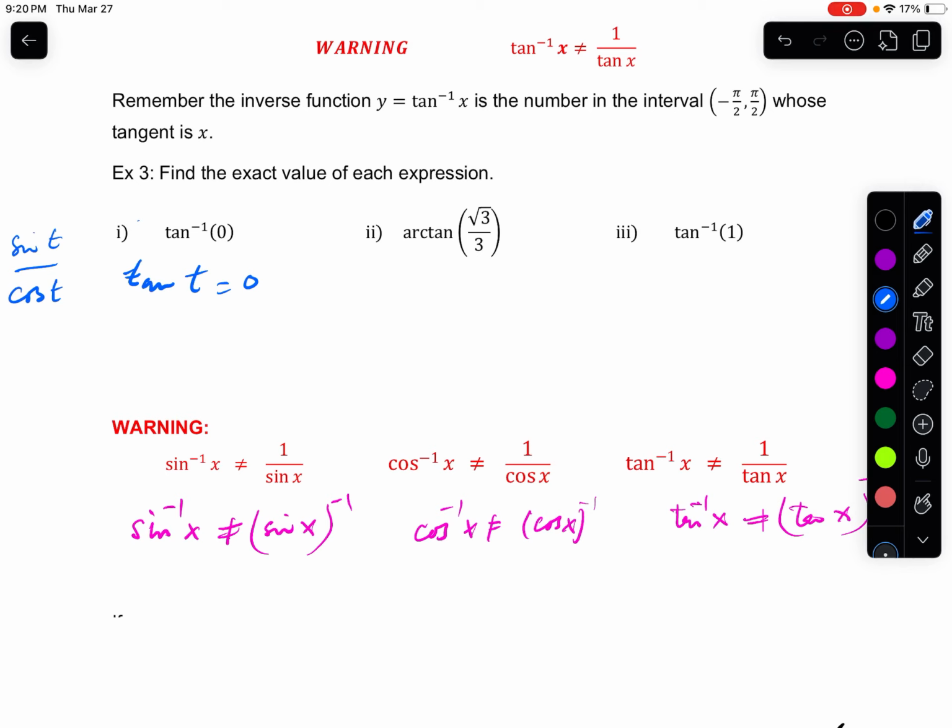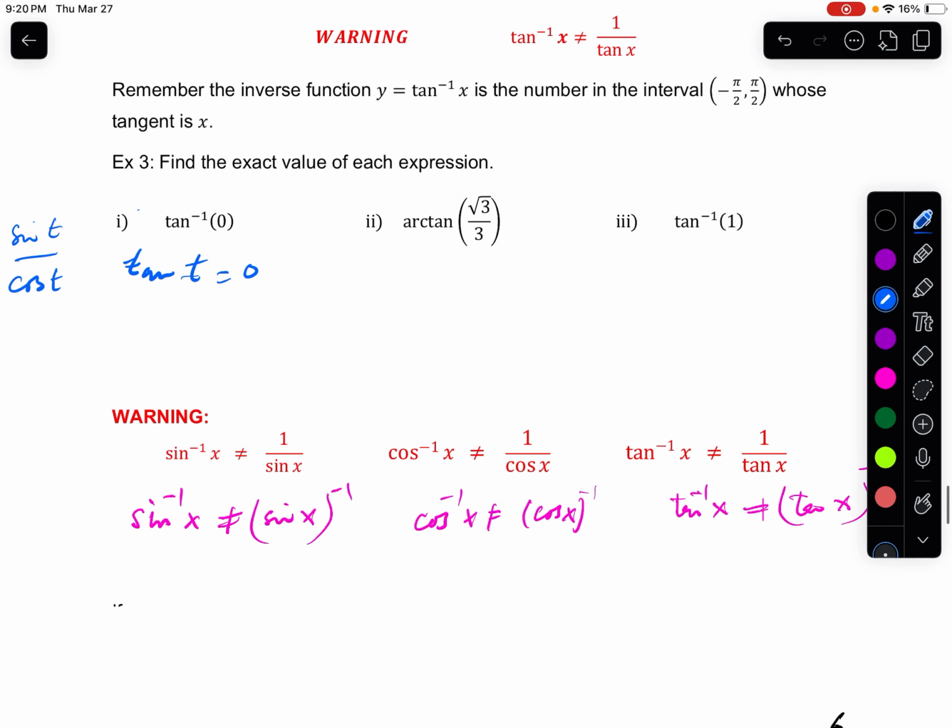Sine is 0 at 0 and at pi, but t has to be within the limits negative pi over 2 to pi over 2, so t is equal to 0. The answer is 0.